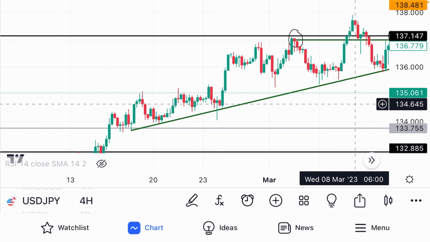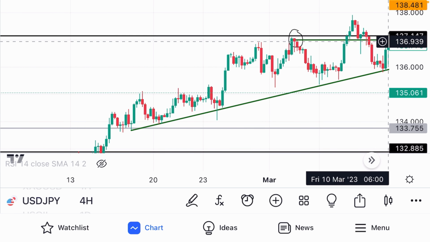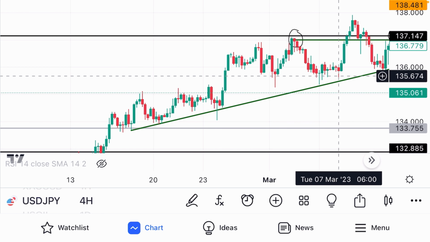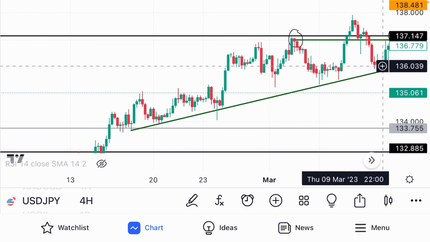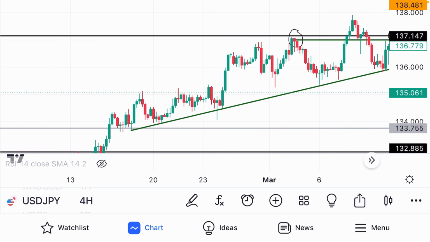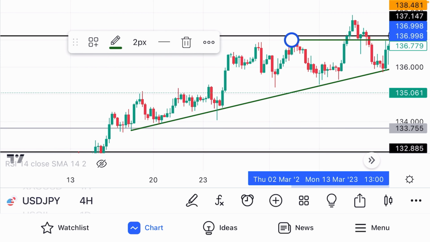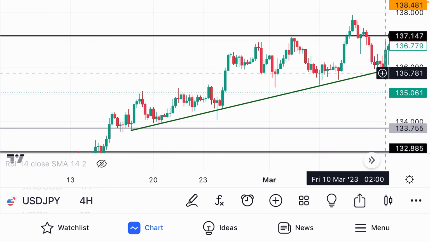You guys can see that prices had gone off our support zone. Remember that our 4-hourly bias was a what? A bullish bias. But for this case, prices had actually gone off our support zone or trend line.